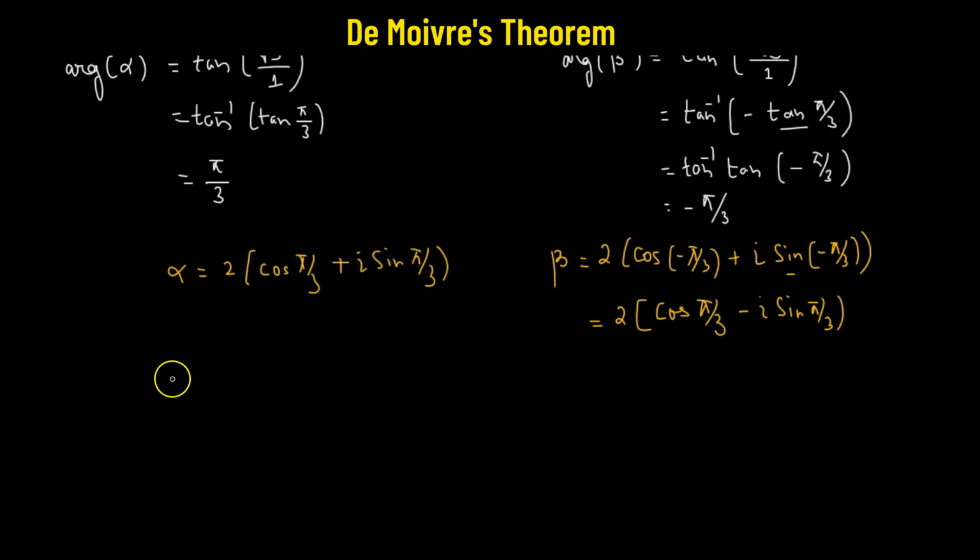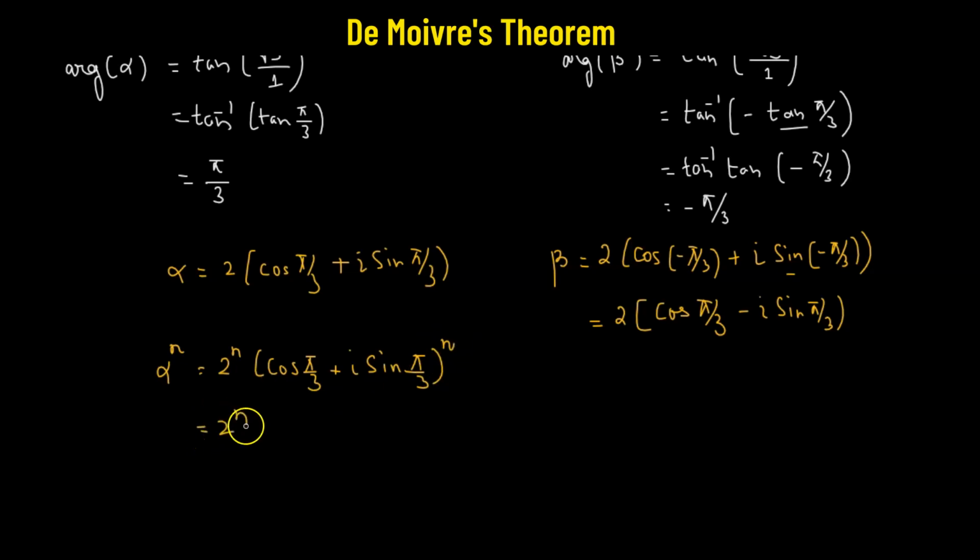Now we will find alpha raised to the power of n. This equals 2 raised to the power of n multiplied by cosine of pi over 3 plus iota times sine of pi over 3, all raised to the power of n.